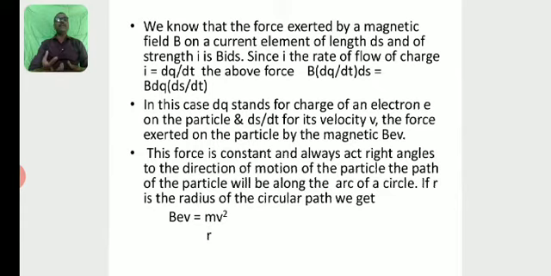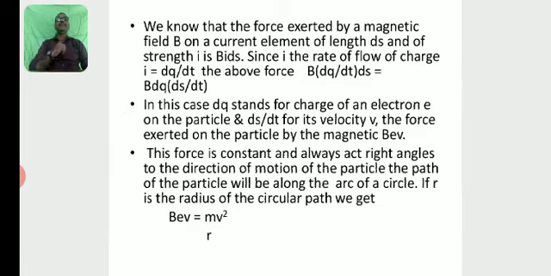Since I is the rate of flow of charge, I is equal to dq by dt by the basic definition, the above force is B dq by dt ds, which is equal to B dq into ds by dt. The force experienced by a charged particle in the magnetic field B is F equal to BQV sin theta.